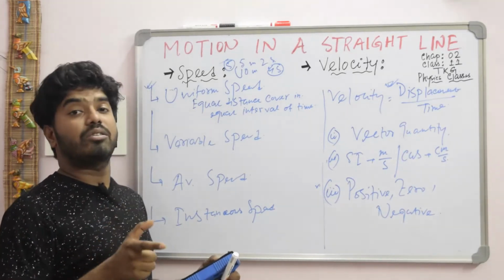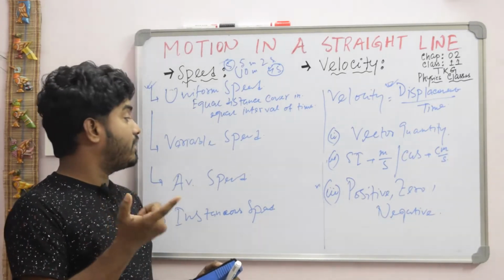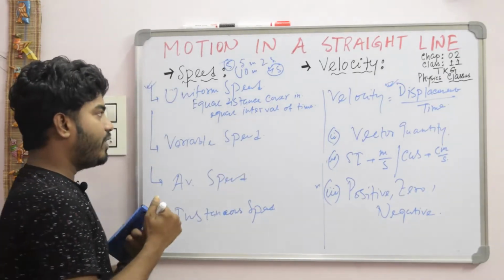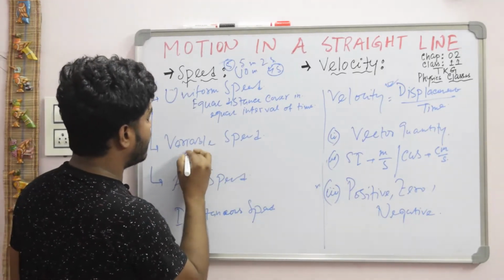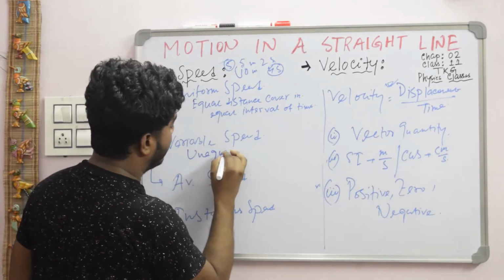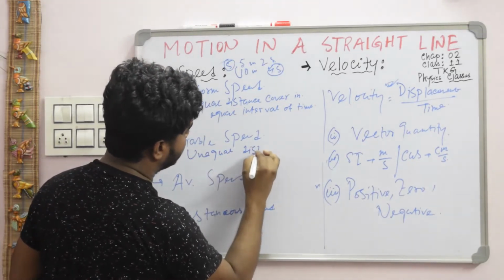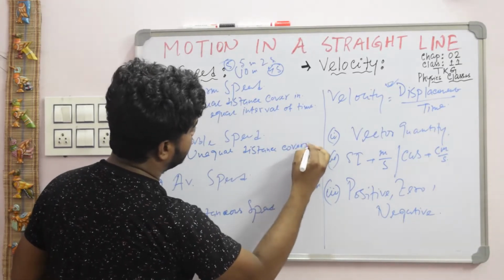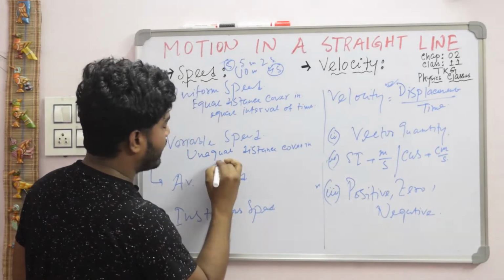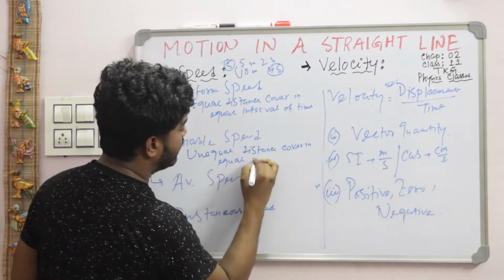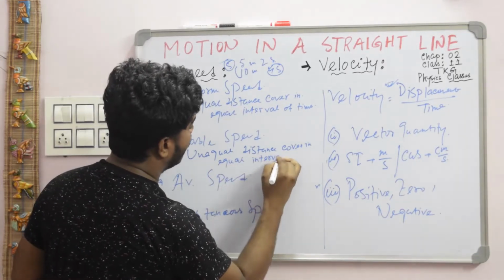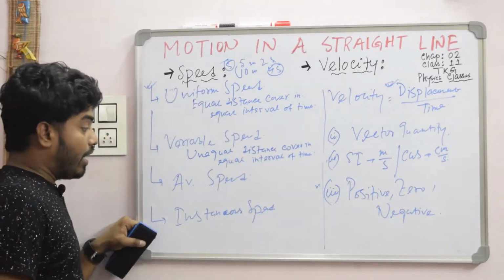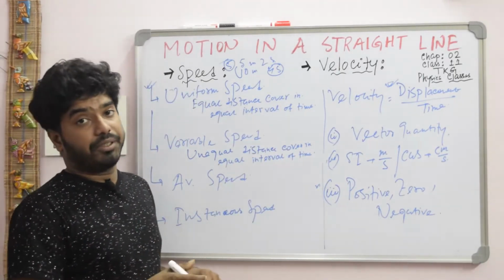So in this case we can say a body is in variable speed. The definition is: unequal distance covered in equal intervals of time.